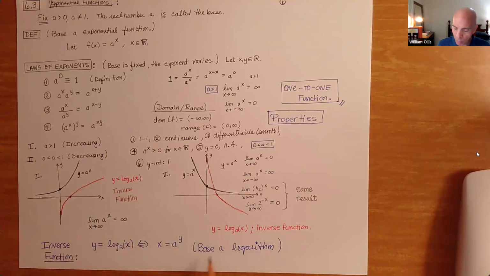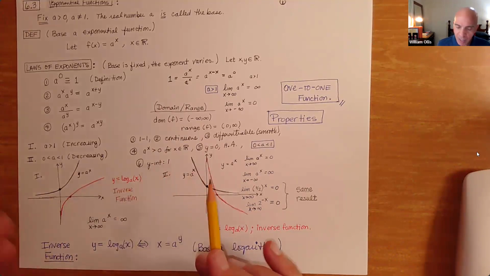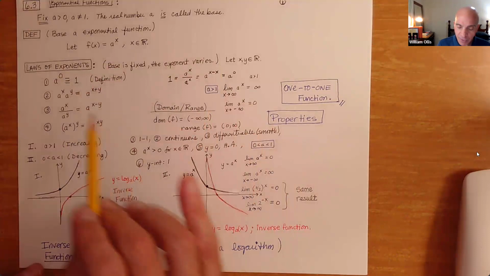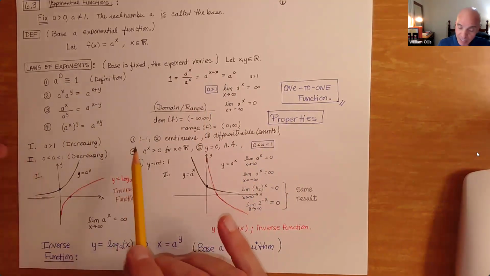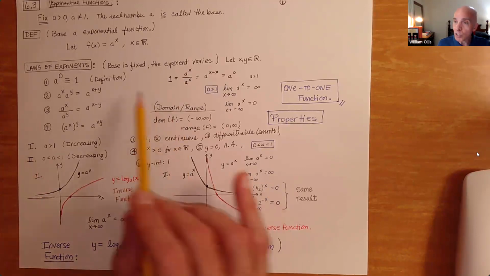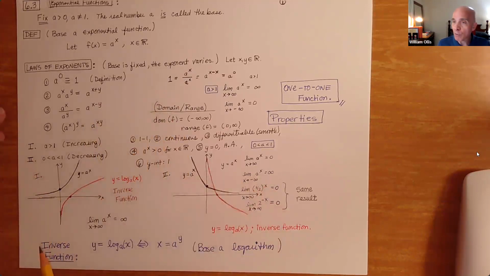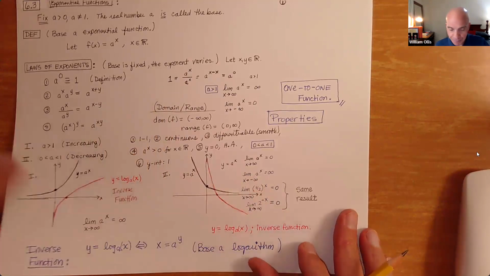So that's why we're always going to think of the logarithm as a power of the base. We'll say more about that as we move through the lecture, but I want you to be very understanding of the basic properties that we have of the base A exponential. We will use these properties over and over, and I want you to practice with them. So let's do some of that.